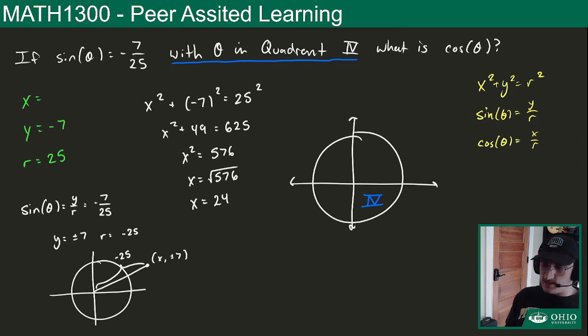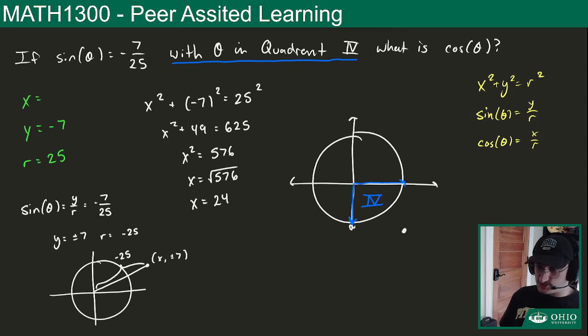Are the x values positive or negative in quadrant 4? And the answer is, well, if I move along the x-axis in the positive direction, I'm in quadrant 4. And then, of course, we already know that our y value was negative. So a negative y value and a positive x value puts us somewhere in the realm of quadrant 4.